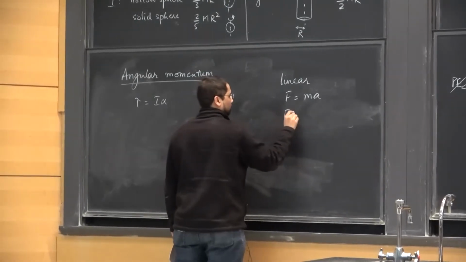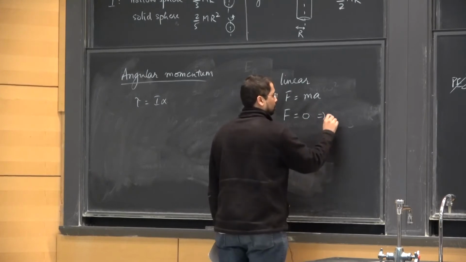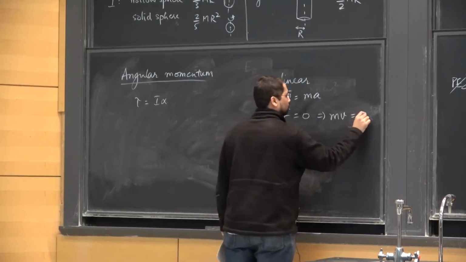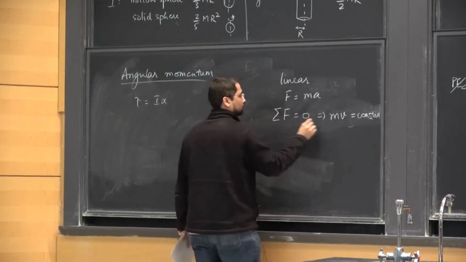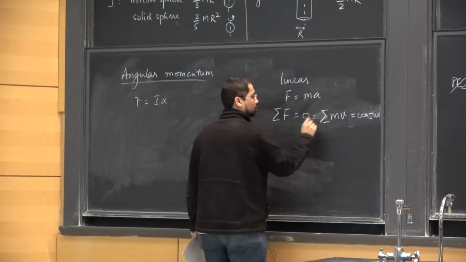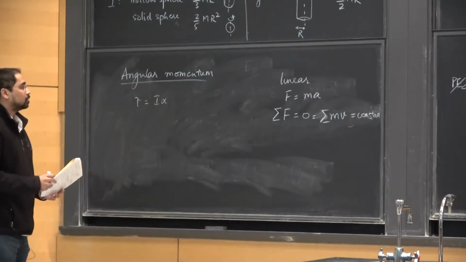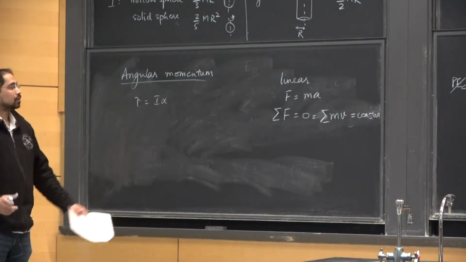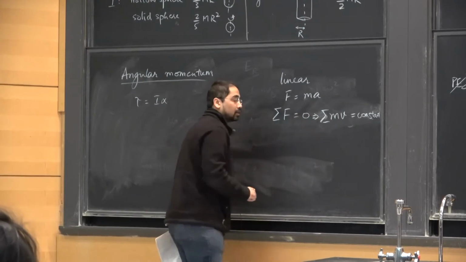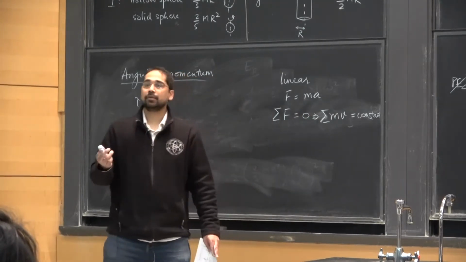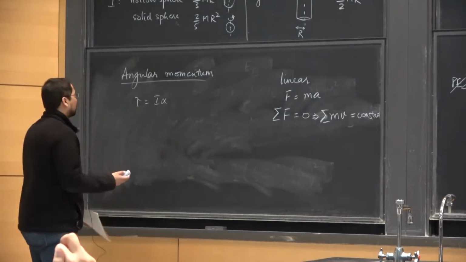So F is 0, that means the sum of all forces, that big E is a sigma, it means sum of all forces. So I sum up all the forces on an object, and I get a 0, that's the same thing as if I sum up all the momentum before and after a certain process, it should turn out to be the exact same thing.